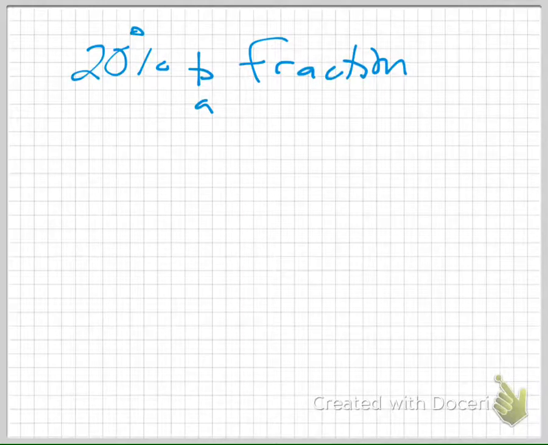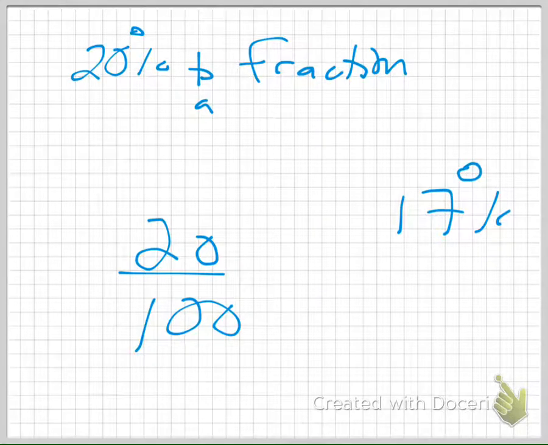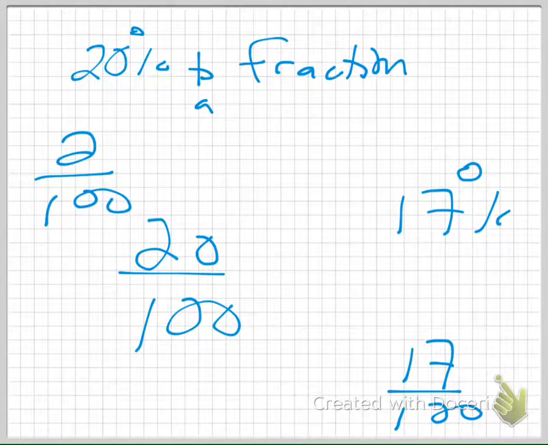So if I say 20%, it means 20 over 100. If I say 17%, that means 17 over 100. If I say 2%, it means 2 over 100. Anytime you hear the word percent, it means over 100. That's how you convert it to a fraction.